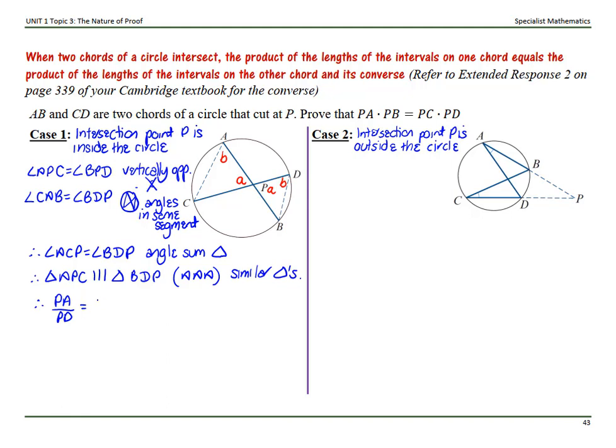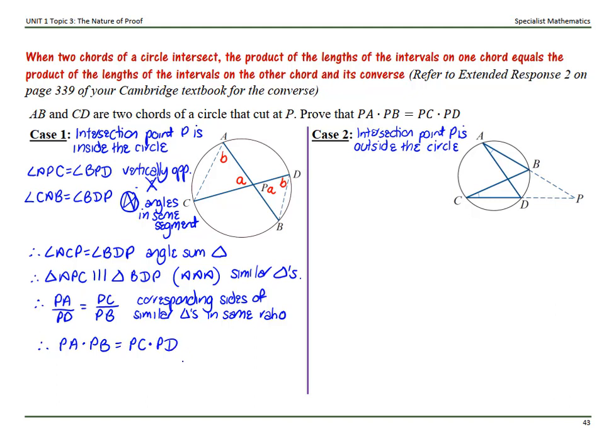So PA over PD has to equal PC over PB. And the reason is corresponding sides of similar triangles are in the same ratio. So rearranging that, we have PA times PB has to equal PC times PD, which is what we were trying to prove.